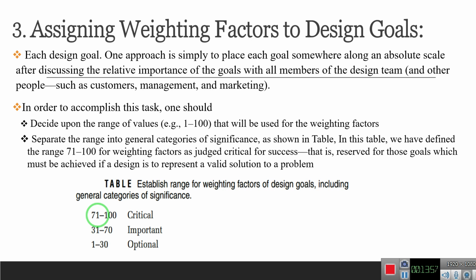Color. Comfort. How it looks. Inside accessories like music system, deck system. These are optional. Based upon the market need, we can change this. So that is called the weighting factor.